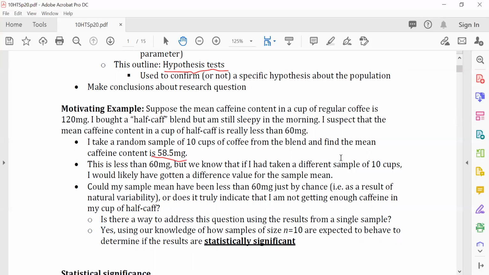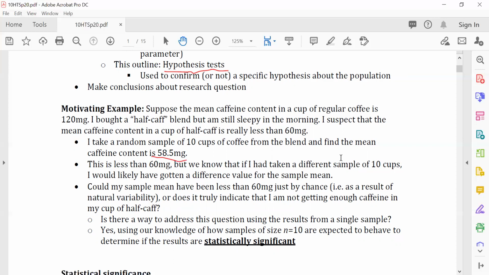But the question is, does that mean that the true population mean caffeine content in a half cup is really less than 60 milligrams? Is this 58.5 that I got from my sample just happening by chance? You guys know that every time you collect a sample, you will have a different sample mean, right?